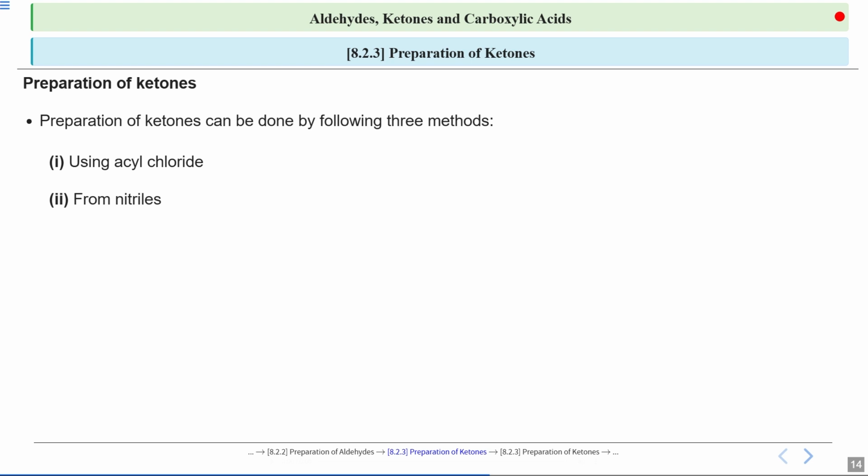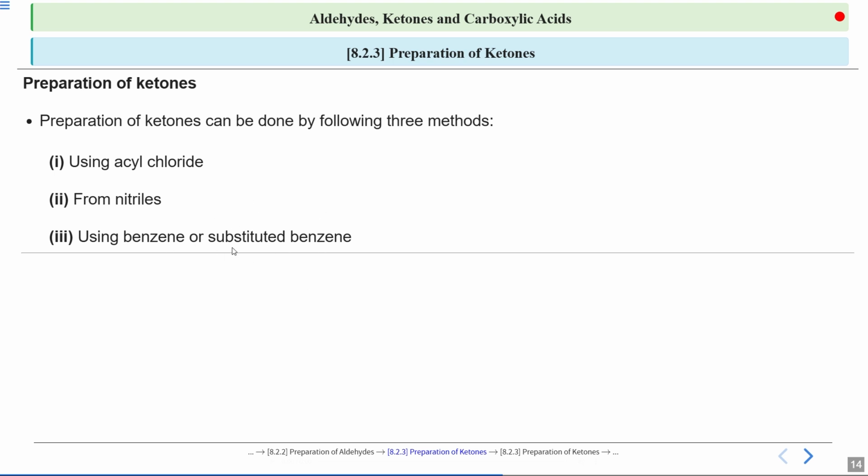Next one is from nitriles. Nitriles can be converted into ketones through a reaction with Grignard reagent, followed by hydrolysis. This process involves breaking the triple bond and forming a new carbon-oxygen double bond, because in nitriles there is C triple bond N. And next is using benzene or substituted benzene.